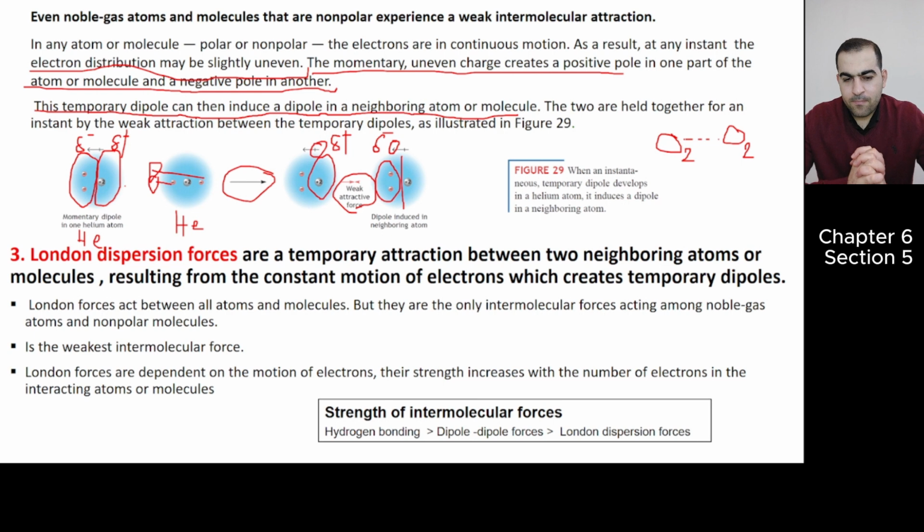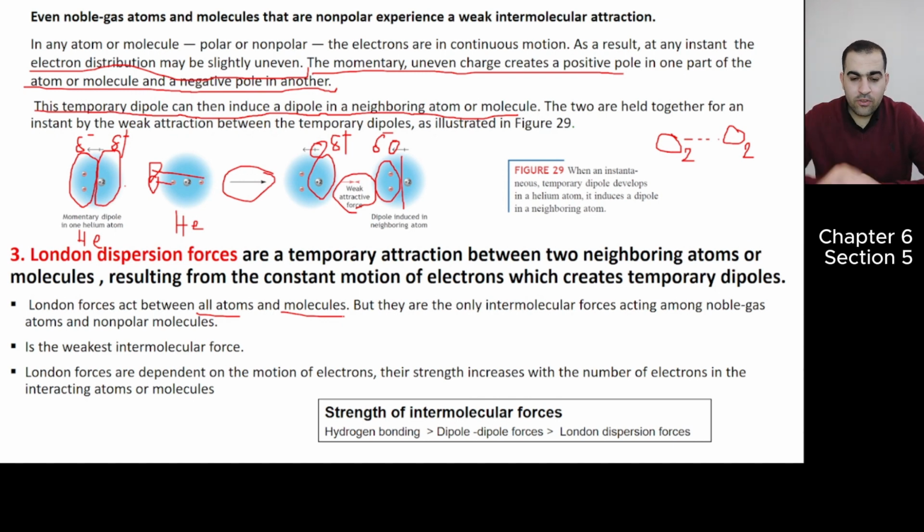But guys, London dispersion forces happen not only between noble gases and non-polars, because they happen also between all atoms and molecules. Any atom in nature, any molecule in nature, polar, non-polar, metal, non-metal, there's that attraction. It's very weak.